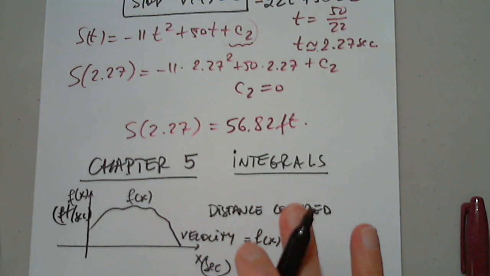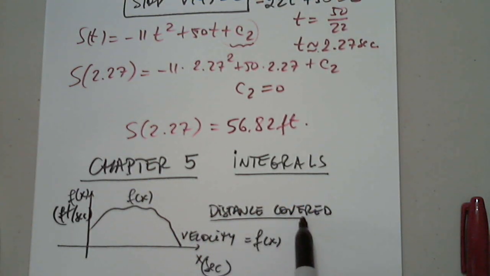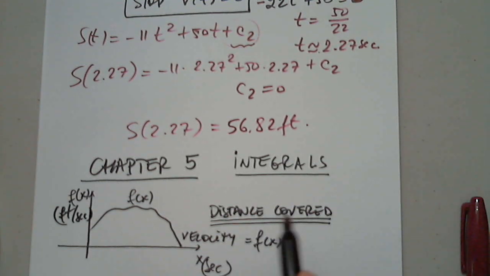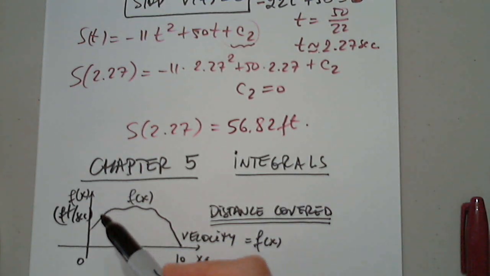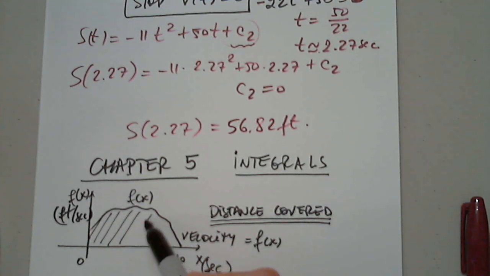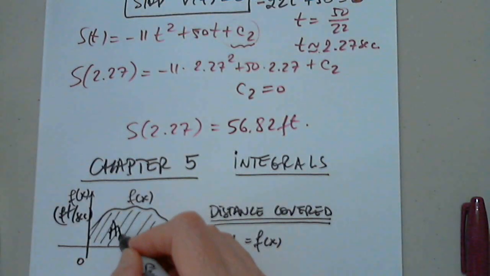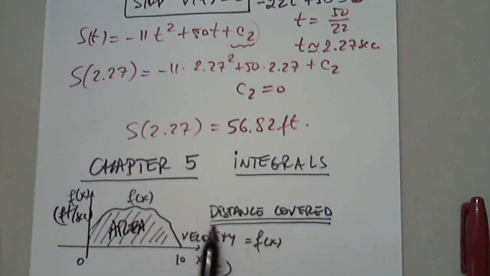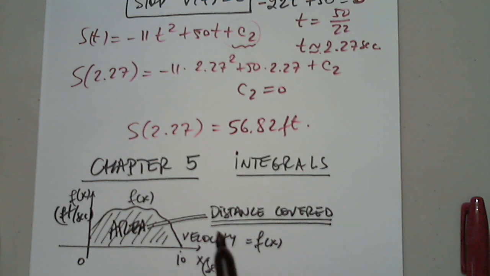If we are asked to determine the distance covered by this particle, let's say between 0 and 10 seconds, all we need to do is find the area under the graph of the velocity between 0 and 10. This area is the distance covered by the particle or car or whatever from 0 seconds till 10 seconds.